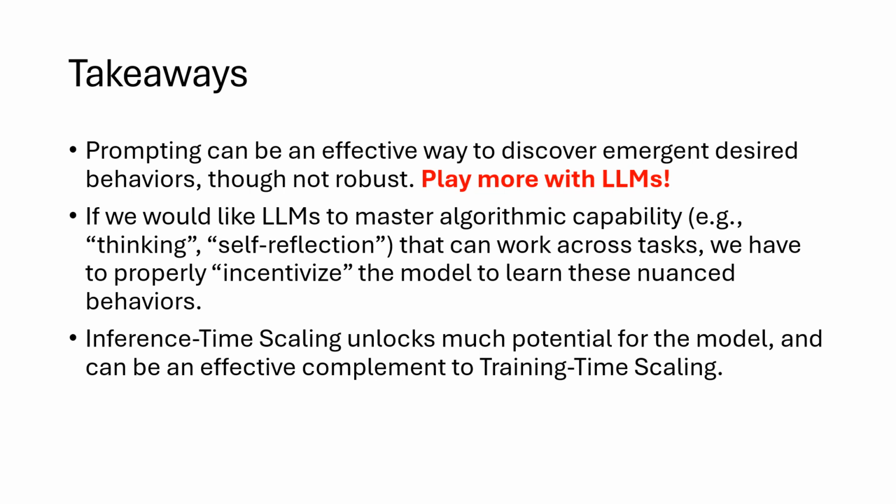If you would like the language model to master some algorithmic capability like slow thinking or self-reflection, that can work robustly across tasks, we have to properly incentivize the model to learn these nuanced behaviors. Otherwise, they will just overfit to individual data points.